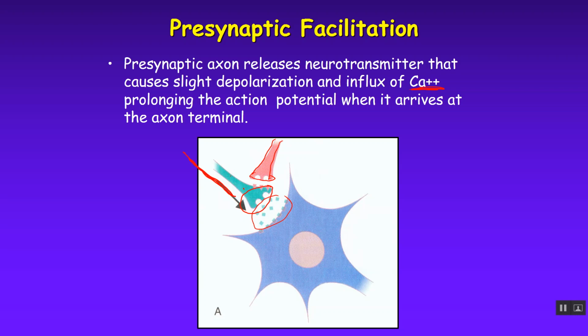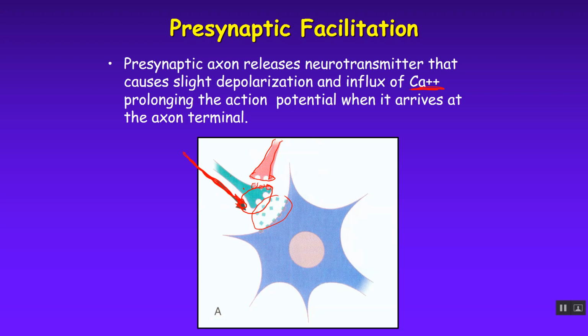And what happened is this neuron has sort of primed the pump, so to speak, already. It has released a neurotransmitter that happened to cause some calcium to already start to get into that presynaptic terminal, so that when this action potential arrives, even though an action potential is an all or nothing response, there's already some calcium in there.